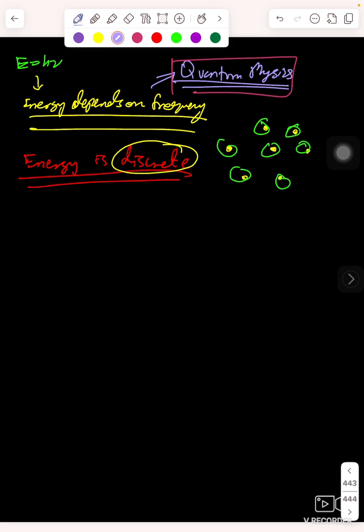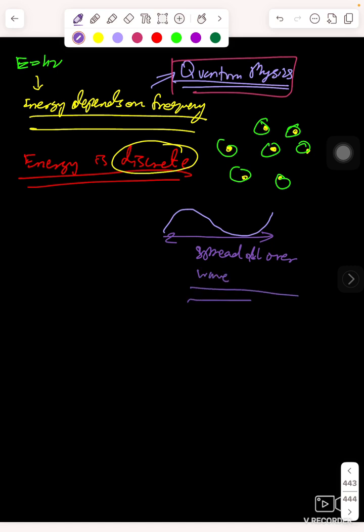But when we talk about continuous energy, it's like this. We talk about the energy being spread all over the wave. And that's not allowed in quantum mechanics. In quantum mechanics, we have discrete energy.